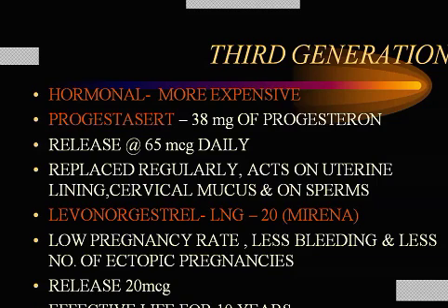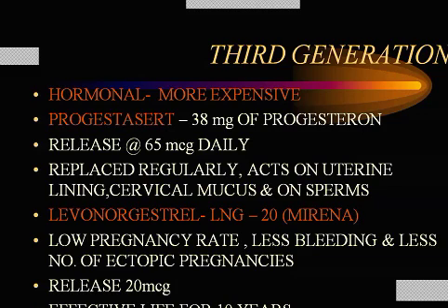Daily 20 micrograms of levonorgestrel is released into the uterus, and this device is effective for 10 years. It can be placed in the uterus for as long as 10 years, or whenever the user wants to remove it, she can. Suppose there are medical grounds or personal reasons, it can be removed whenever she wants to discontinue the usage of third generation hormonal devices.